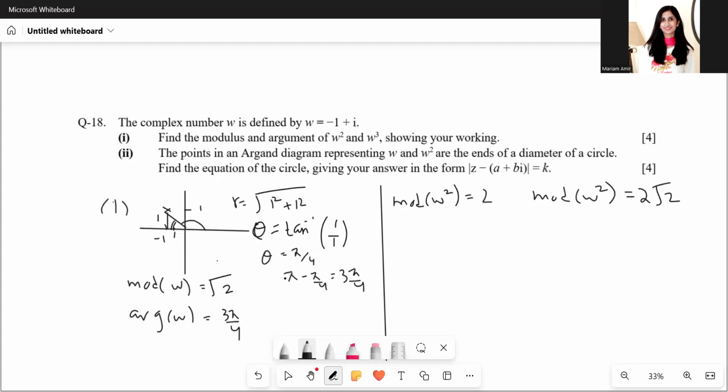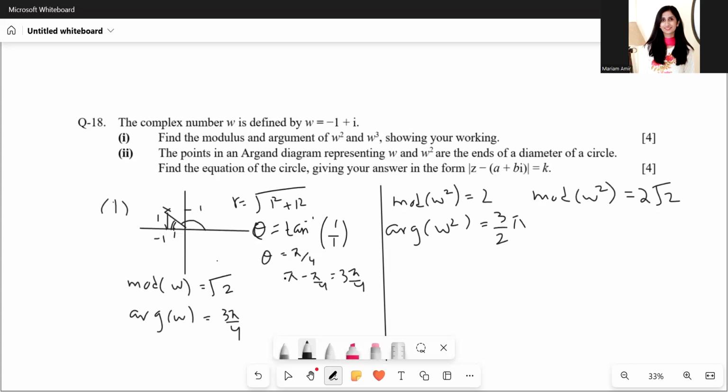If you cube root 2, you get 2 root 2. Okay, now we need arguments. So the argument of W squared will be the argument of this times 2, which gives 6 over 4 pi, or 3 over 2 pi.